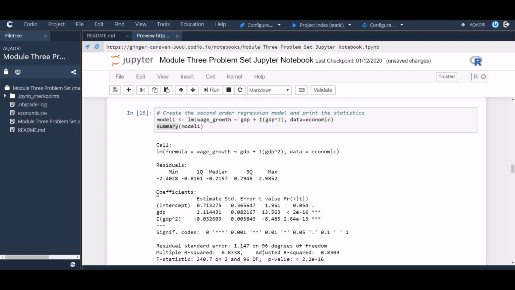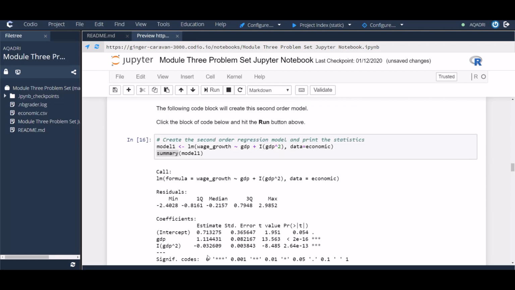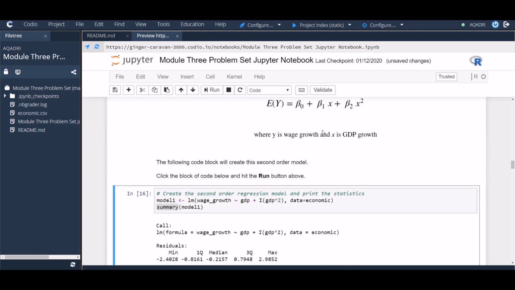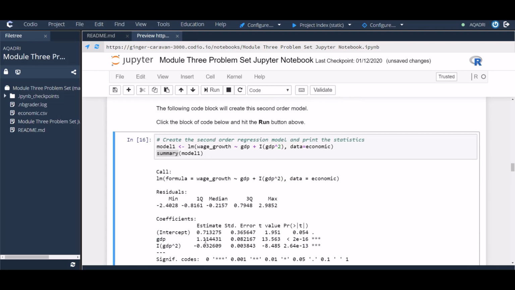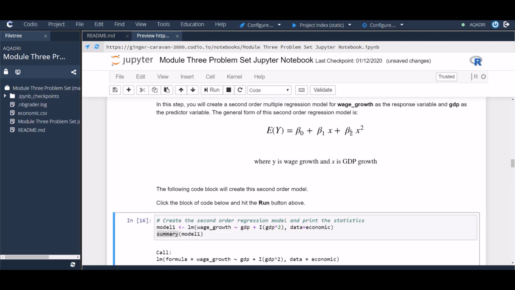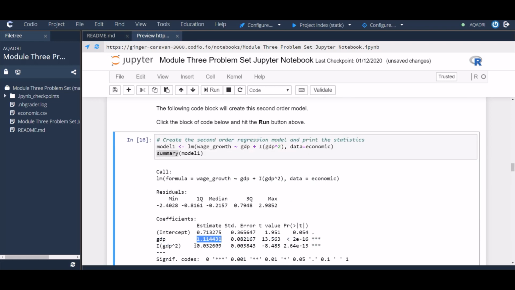You have your coefficients. The estimates are given here. Notice that you have the GDP estimate. This is the estimate for this term, the first order term. So this is your beta 1 estimate, 1.1144, and the second order term estimate, beta 2, is given here.